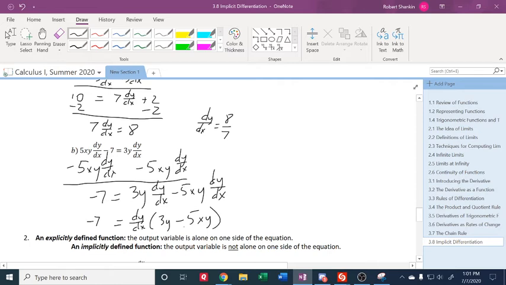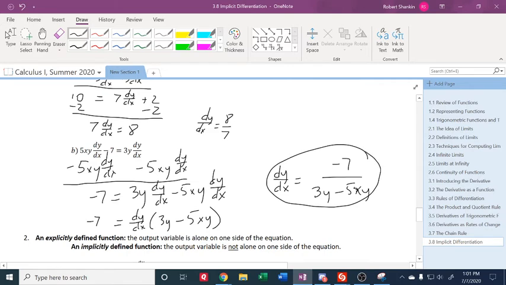And then I'm going to divide both sides by what's in parentheses. And I will get dy dx is equal to negative 7 divided by 3y minus 5xy. And I've solved for dy dx.